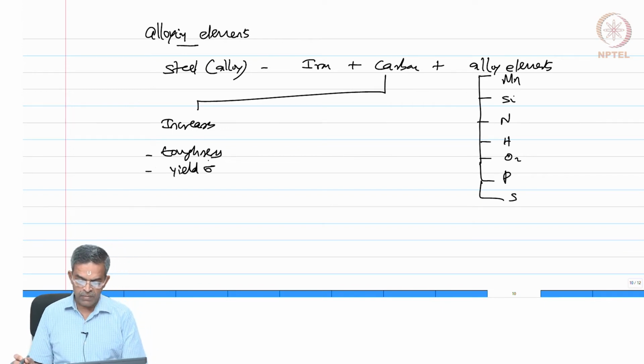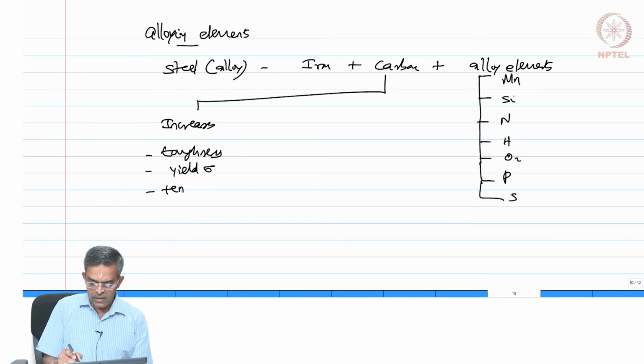The presence of carbon increases toughness, yield strength and tensile strength.